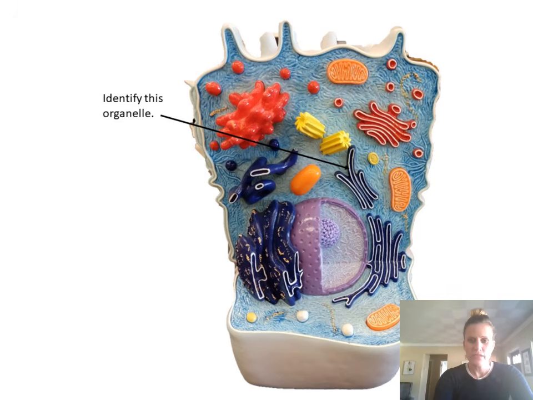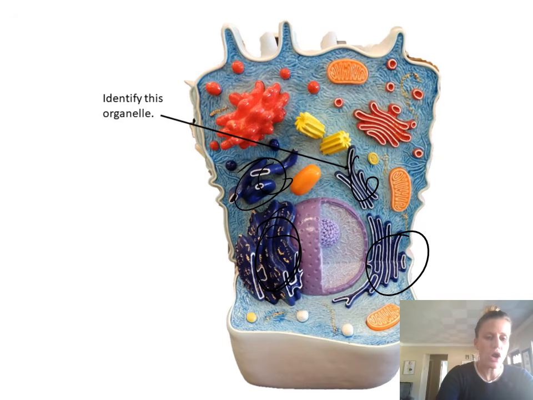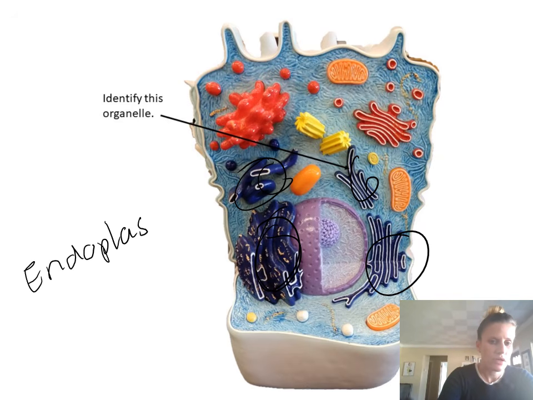This organelle, this is pointing to this structure right here. All of these dark blue kind of membranous chambers, like little storage chambers, no matter which one you point to, all of those are endoplasmic reticulum.